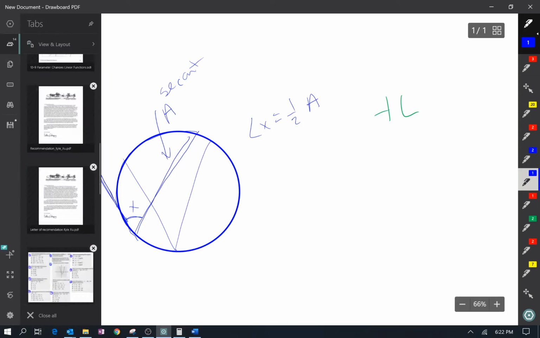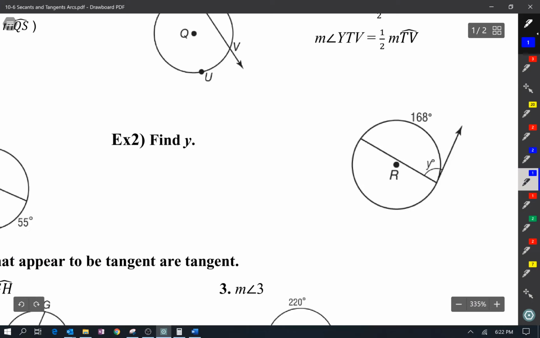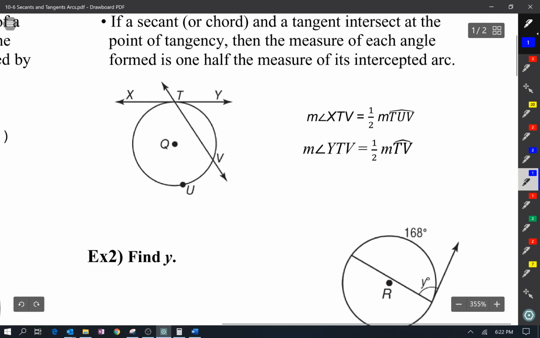So what are we saying? All we're saying is that when it's touching like this, this angle is equal to half of this arc.